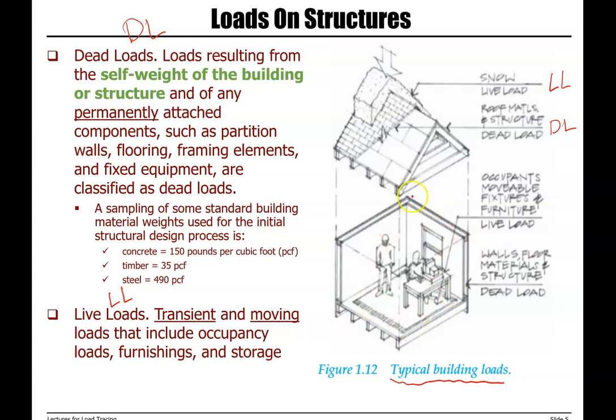When we look at this section of the building, we have occupants, movable fixtures and furniture as live load. Weight of walls, floor, and materials and structures are examples of dead load.